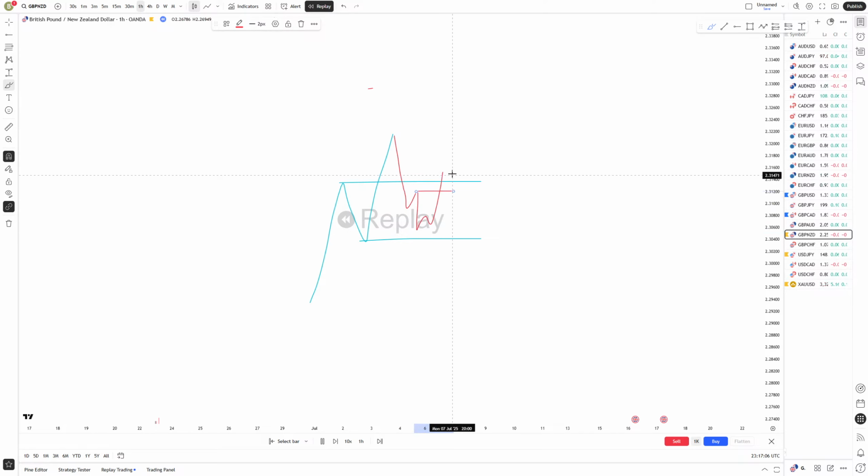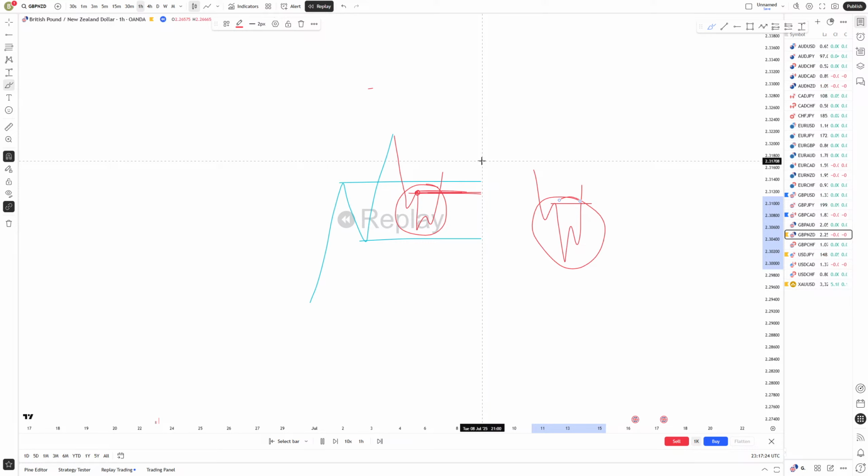Is it okay for us to confirm it with the 4 hours? The answer is, not every transition with the inside formation has to be confirmed in the 4 hours time frame. Some you have to confirm, but some you don't have to confirm in order to trade them. So you can just trade them directly without confirmation.